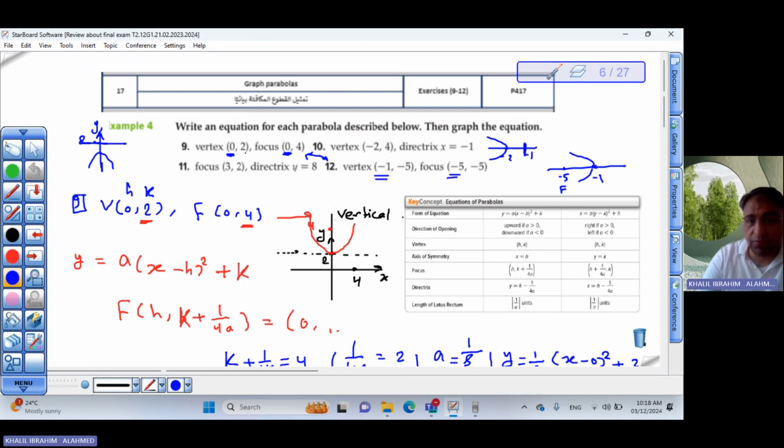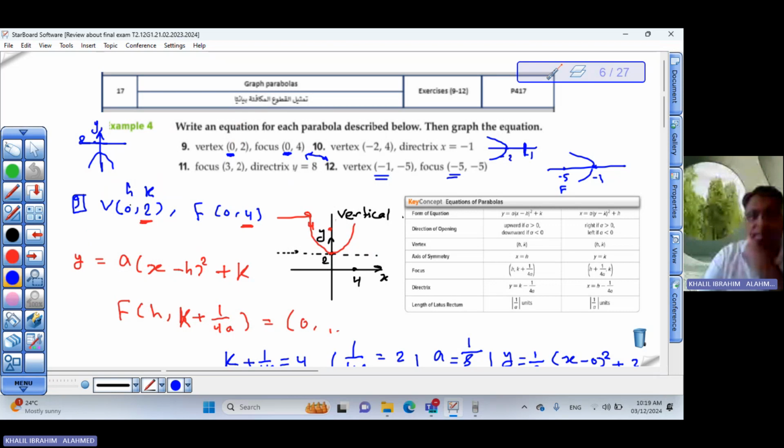This means the direction of the parabola is vertical, because, as you see, the y of the vertex and the y of the focus change, but x stays fixed, the same. That's good.